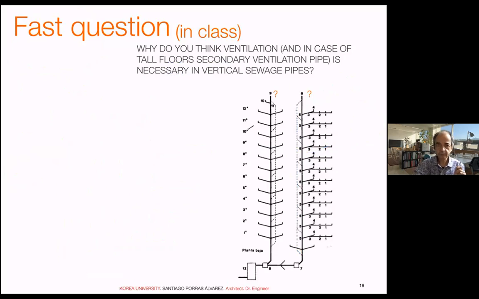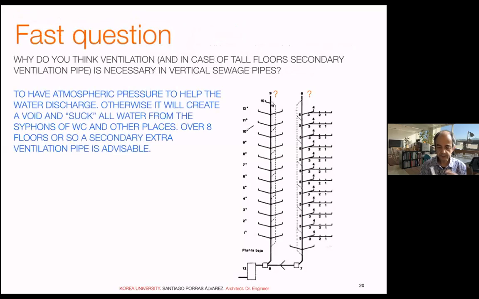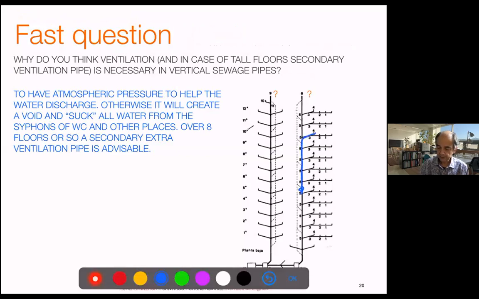So the reply to this is we need it for avoiding when you have a discharge that creates a void which will suck the water of other upper levels, right? And we have more difficulty going down because it creates a void.